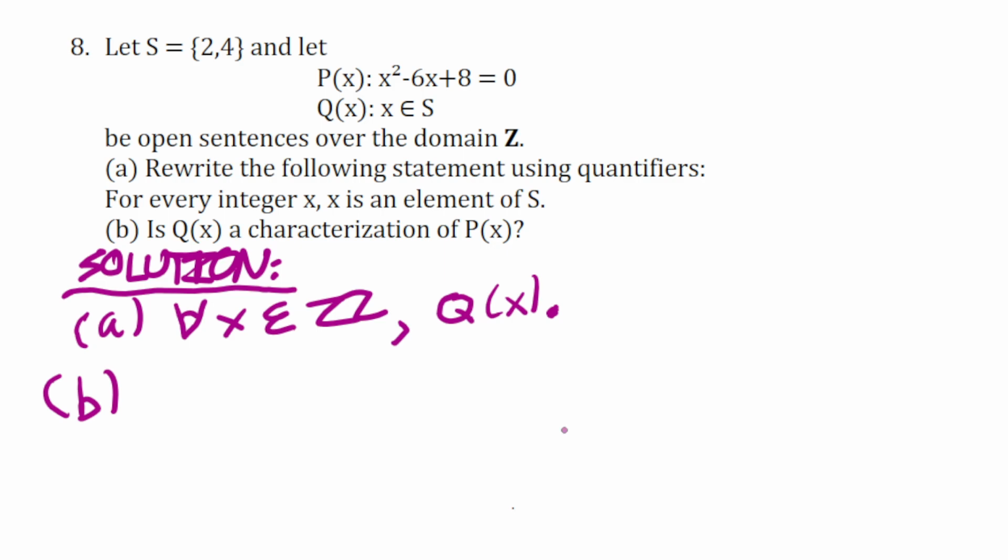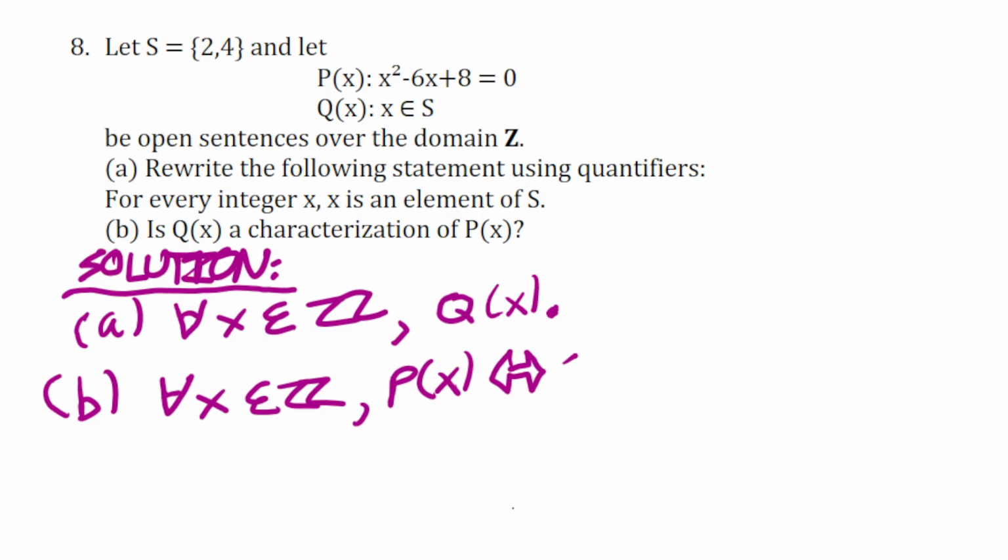To determine if Q of x is a characterization of P of x, recall that for every x over the domain, there needs to be a biconditional between the two open sentences.